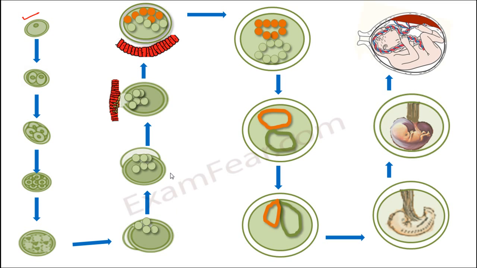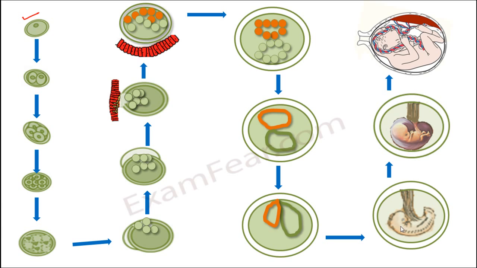And also, you can see that the inner layer of cells start dividing in a way that they segregate from each other to form the ectoderm, endoderm and mesoderm. So 3 layers of cells are formed, which gradually organize themselves in different ways to form structures like this, which in turn form the various organs.